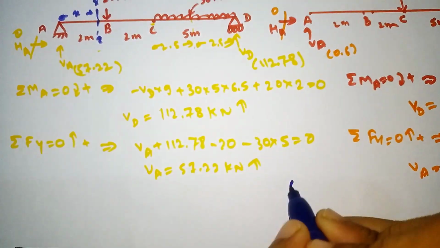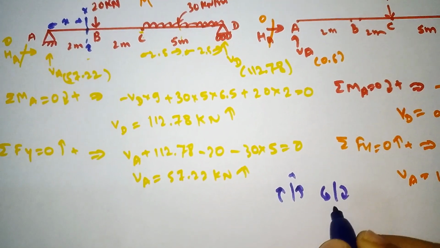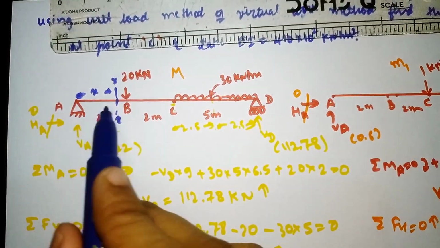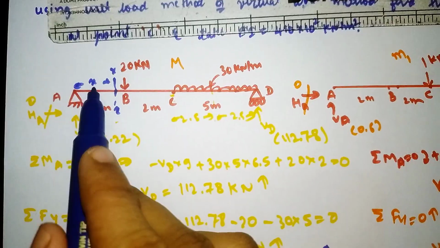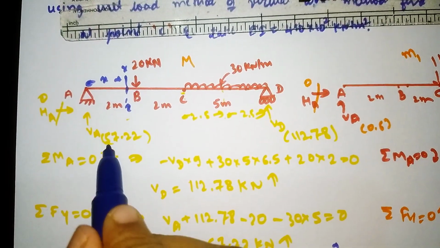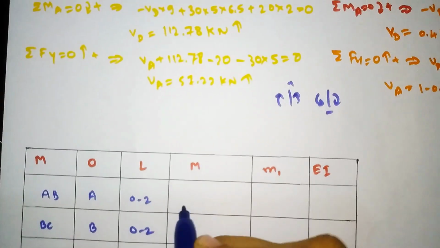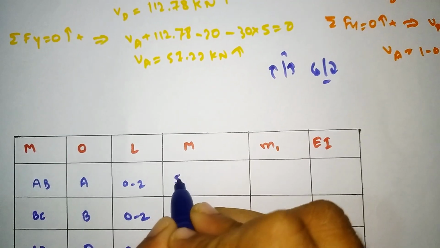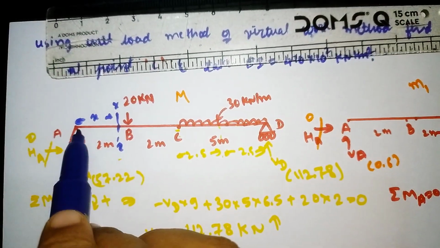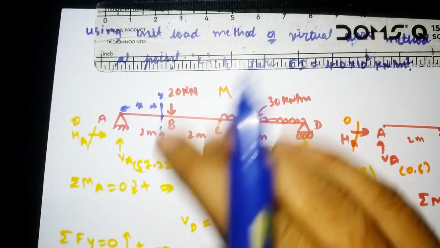Which is moving upward we take as positive, and which is moving downward we take as negative. So it is moving upward, at a distance of x from this section. So VA into x. The VA value we got was 57.22, so 57.22 into x, our capital M becomes 57.22x. We solve from this side up to this section, where only VA is acting.